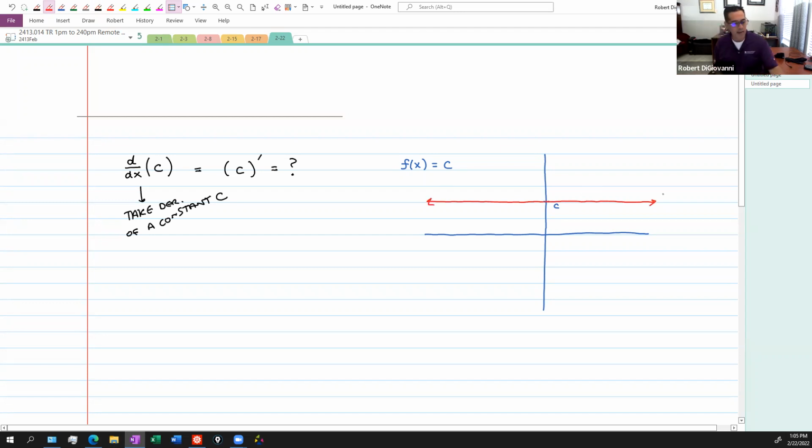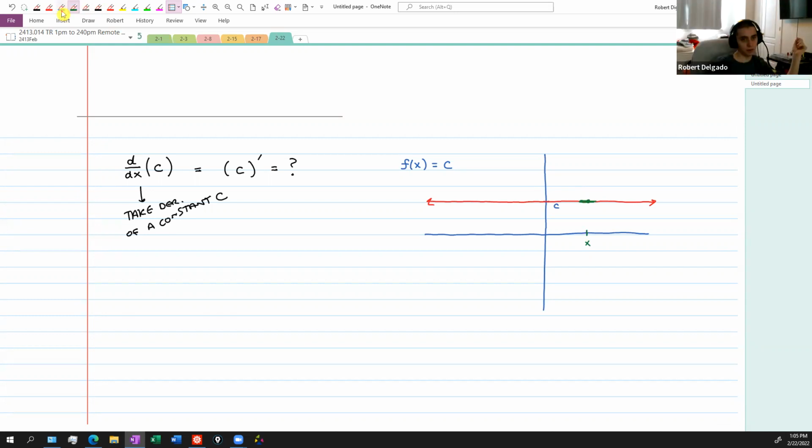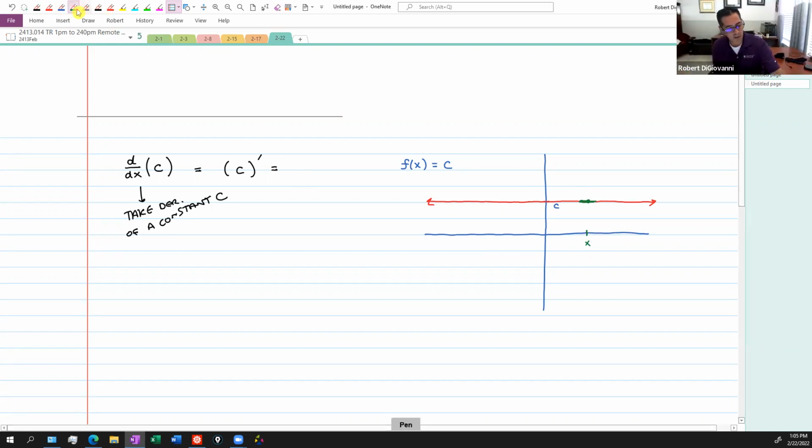If I go to any point on this graph, any value of x, and ask you what the slope of the tangent line is there, it should be parallel to the function itself. Since it's flat, the slope of the tangent line should be what? 0. So the derivative of a constant is always 0.